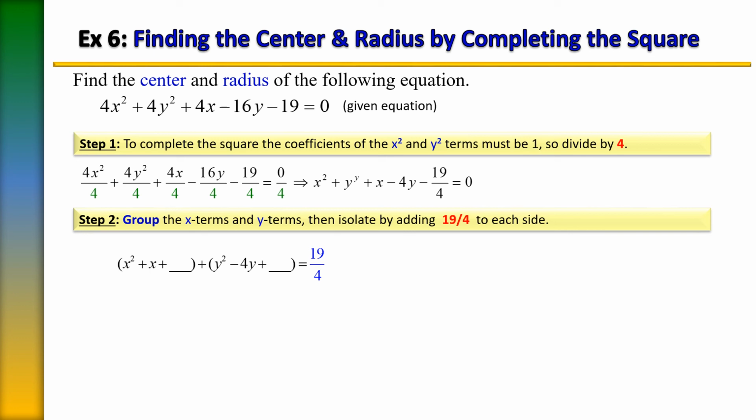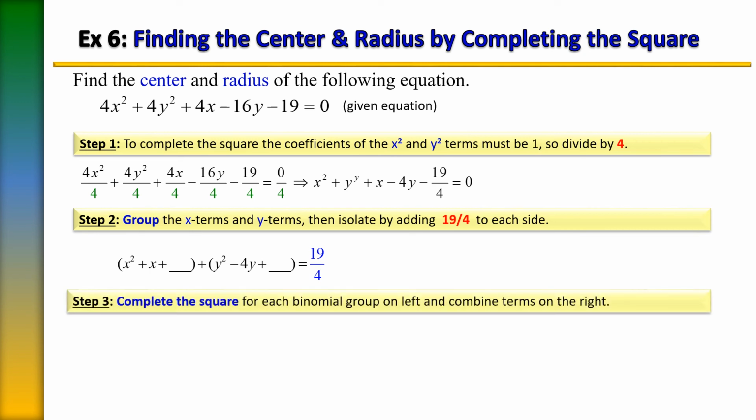So we're going to be adding a fourth and 4 to the left side, because half of 1 is a half, then you square that and you get 1/4. So we must add 1/4 and 4 to the right side.